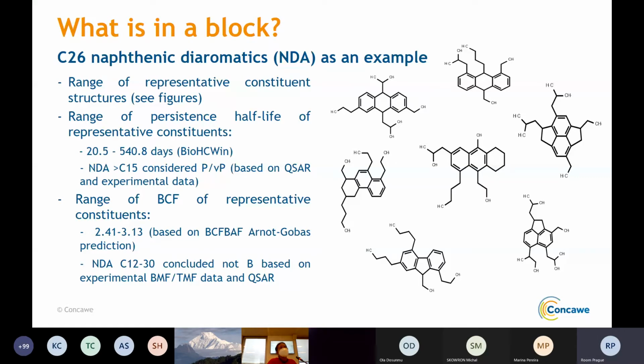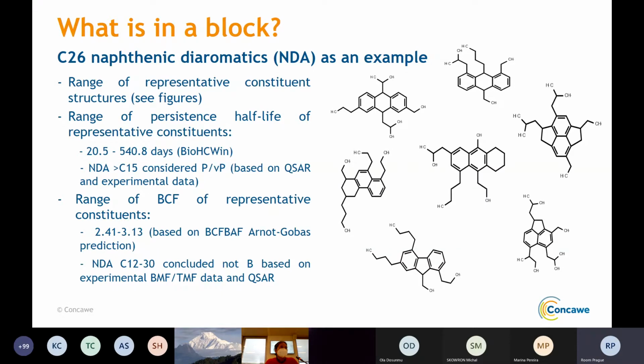For this particular block, there is about an order of magnitude or more range in the predicted biodegradation half-life. So there's a big range there, but the conclusion for the block is that all the structures that would fall into it are considered PVP, and this is based on QSAR and experimental data for all of the naphthenic diaromatics greater than C15.